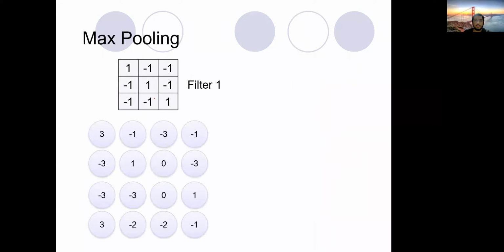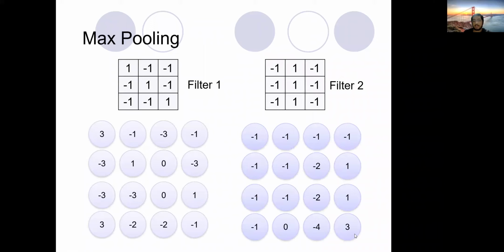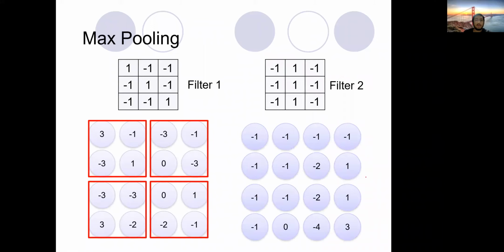As we saw, this was the dot product from our first filter, and this is the dot product from our second filter. Let's break this feature map of the first filter down into 4 2x2 arrays, or 2x2 matrices.